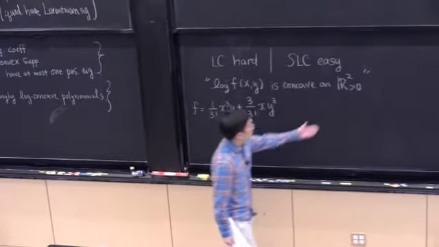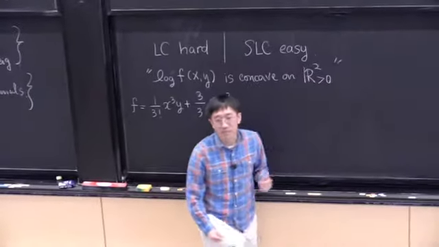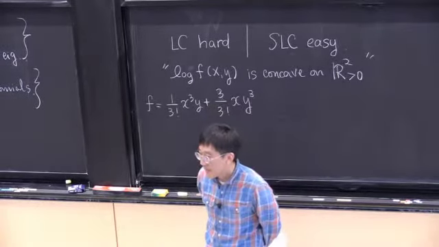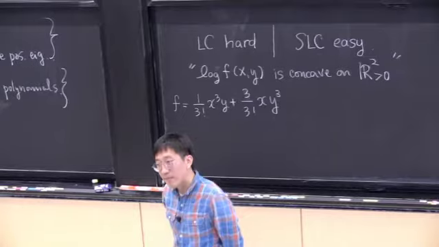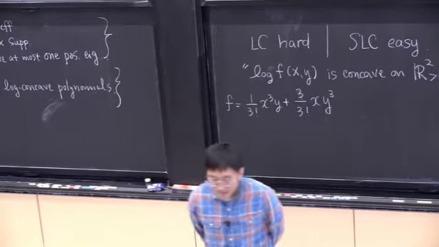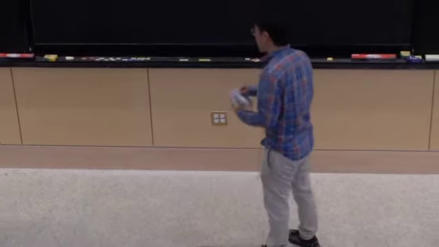So I have to write down all the principal minors, and I hope that they are all negative on the positive orthant. How do we check something like that? We just pray really hard that the expression that we get is a sum of squares. You may be able to do it. I mean, it may not be true, or it's just very painful.